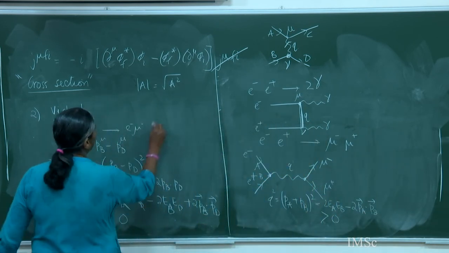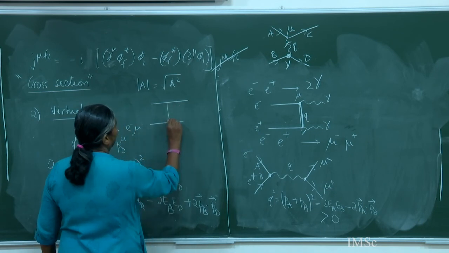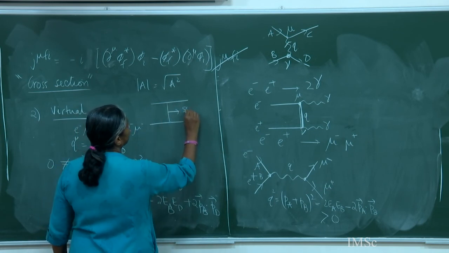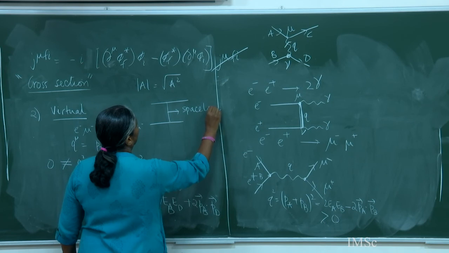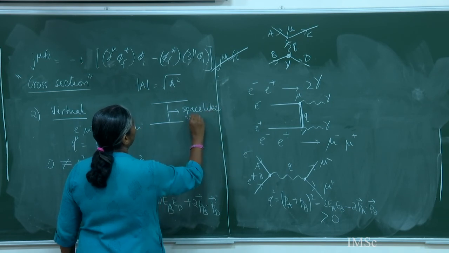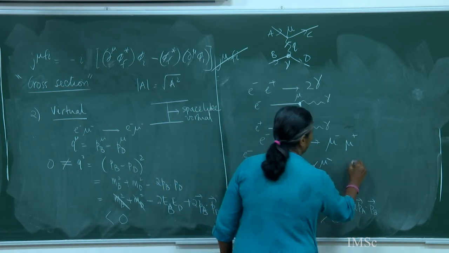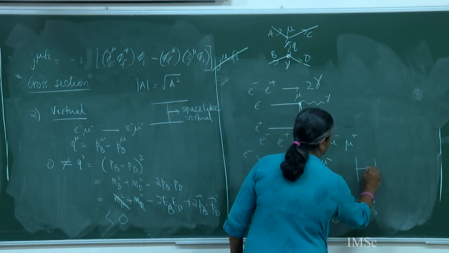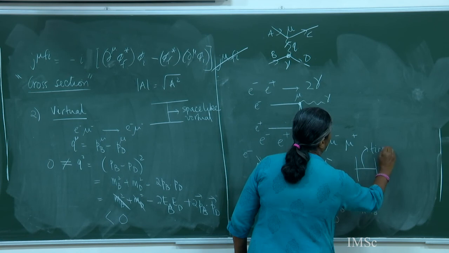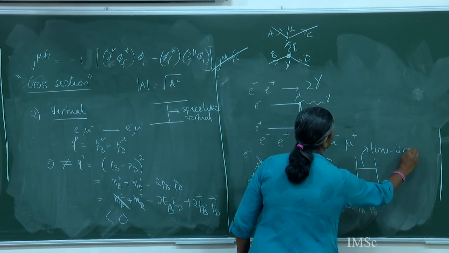So a diagram like this is space-like virtual, and a diagram like this is time-like virtual. Is this clear?